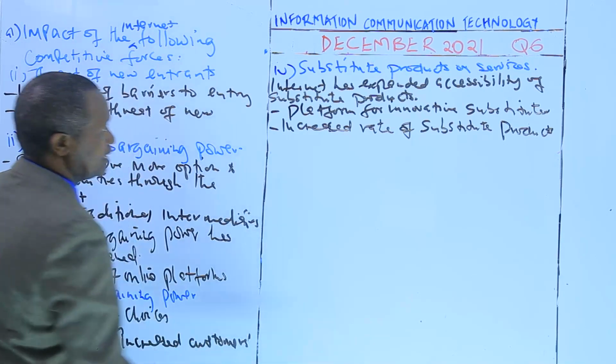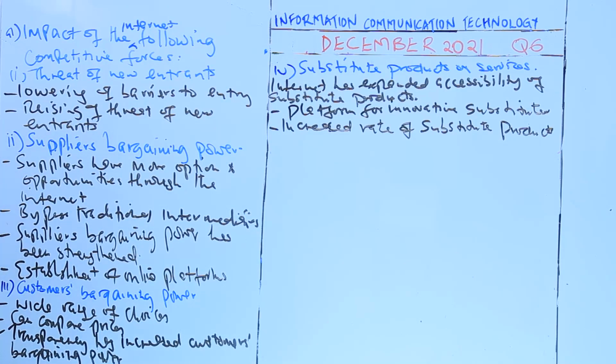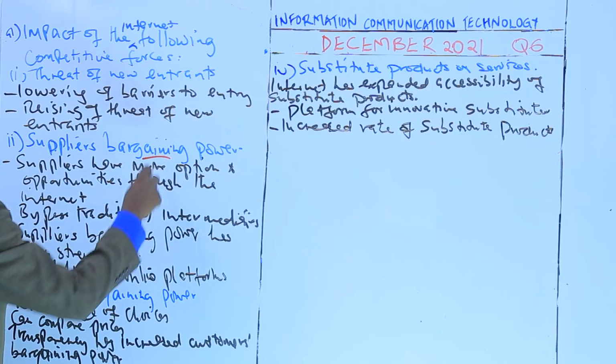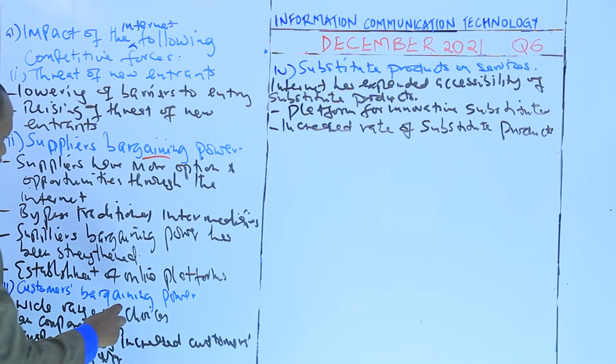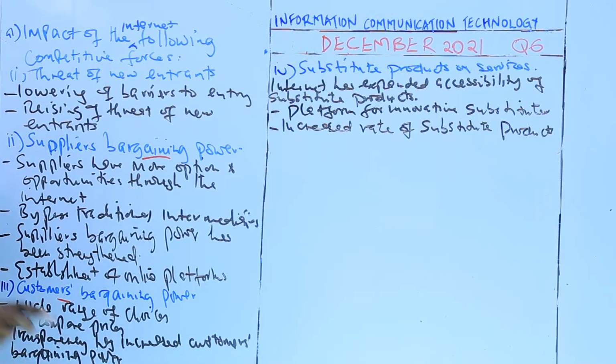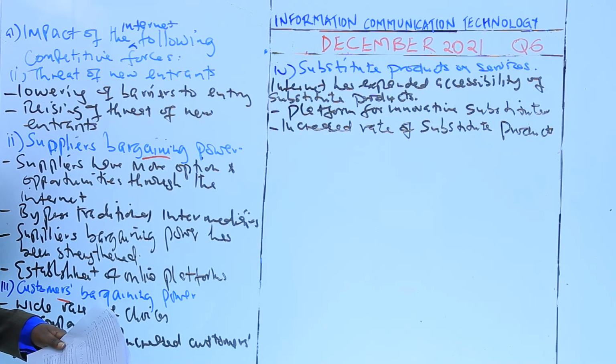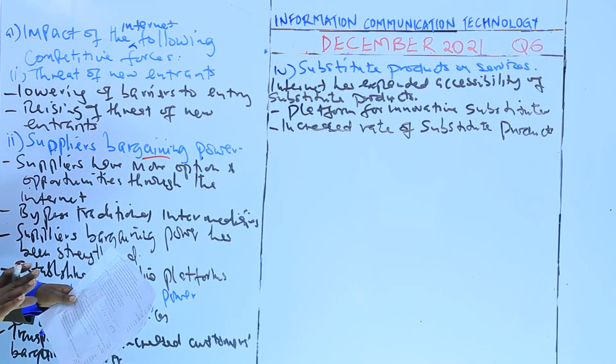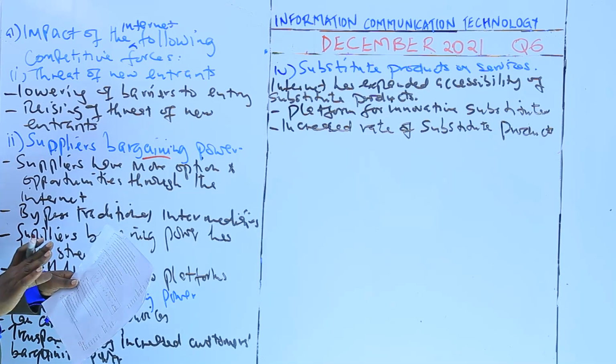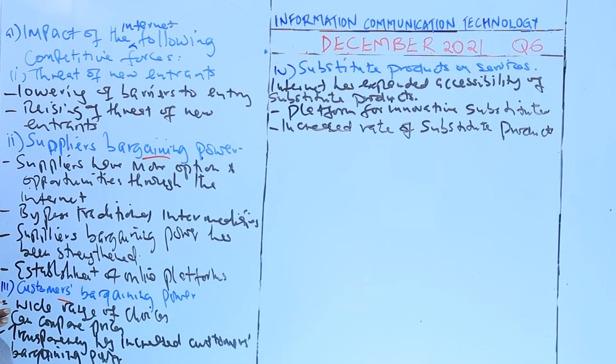The bargaining power of suppliers and the bargaining power of customers has been altered. You understand? And it has been altered because of the internet. Do you understand?